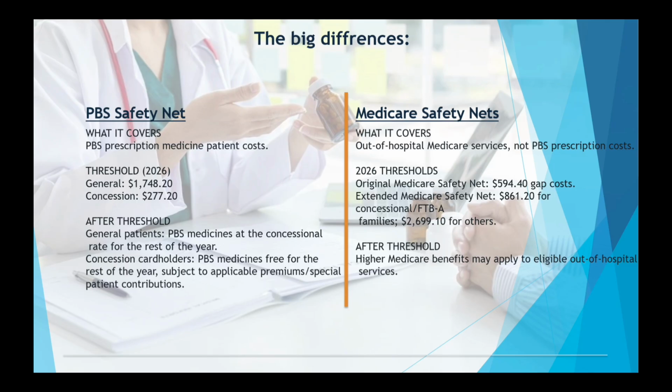Every year with the PBS safety net there is a threshold, and the threshold changes every year. For 2026, for the general patient, general meaning who don't have a concession card, just a Medicare card holder, it will be $1,748.20, whereas for the concessional card holder it will be $277.20.